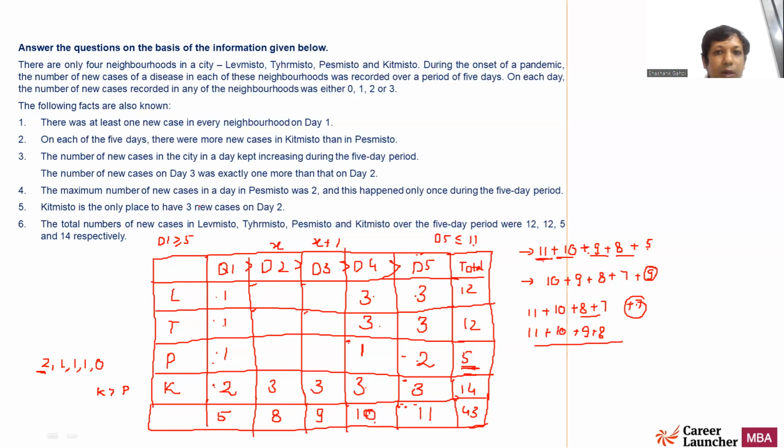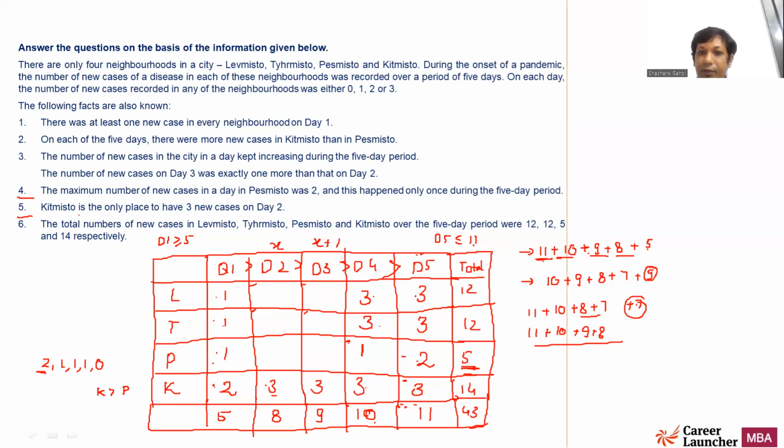Now, if we read statement 4, the maximum number of new cases on day 2, fifth point, K is the only place to have 3 new cases on day 2. It means this value is 3 and none of the values can be 3.